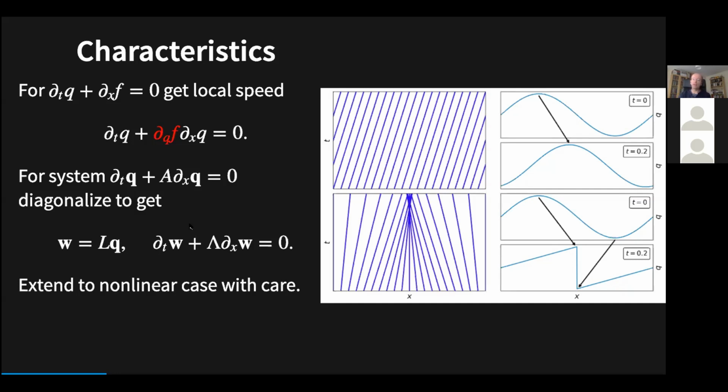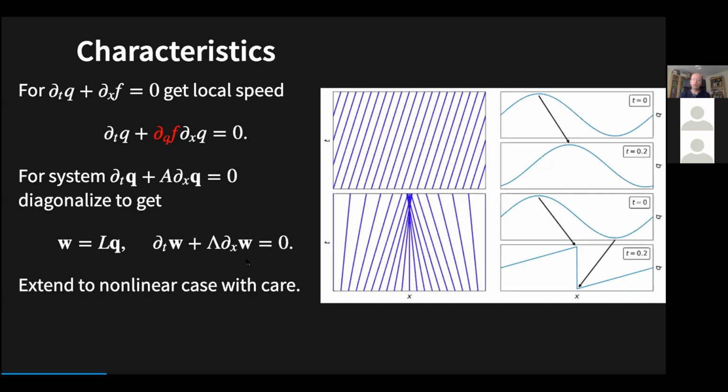We can treat each one as its own separate advection equation. Now, because we've done this by diagonalization, the entries of the Lambda matrix are the eigenvalues of the original Jacobian matrix A. So that means that the information contained in the characteristics is being propagated around with speed coming from the eigenvalues of this Jacobian matrix.